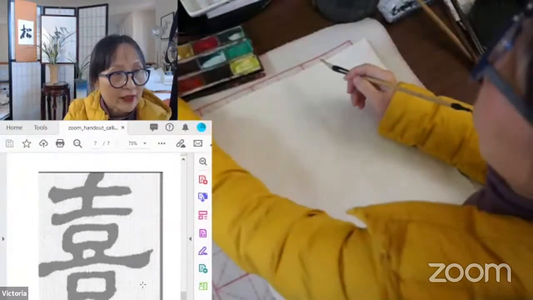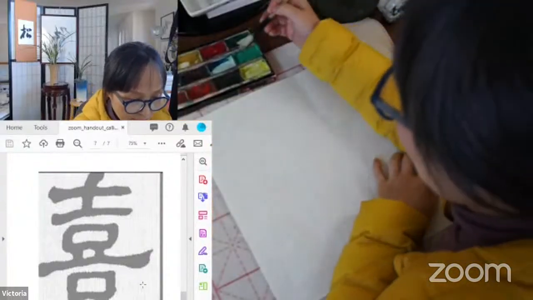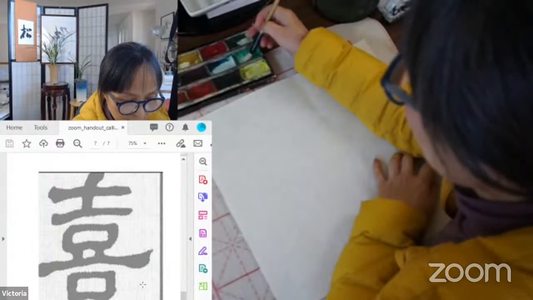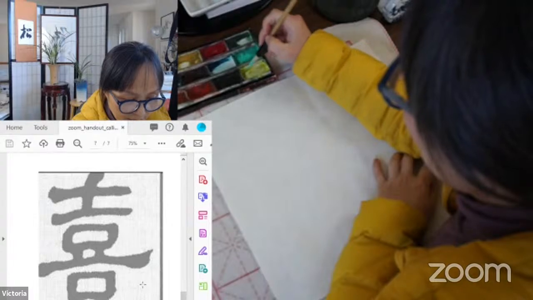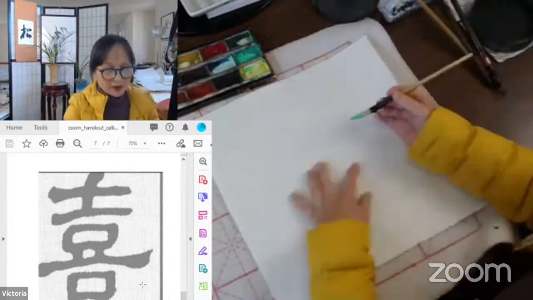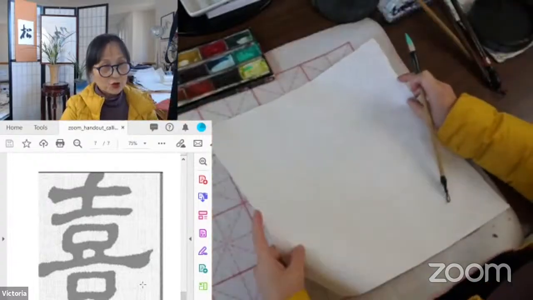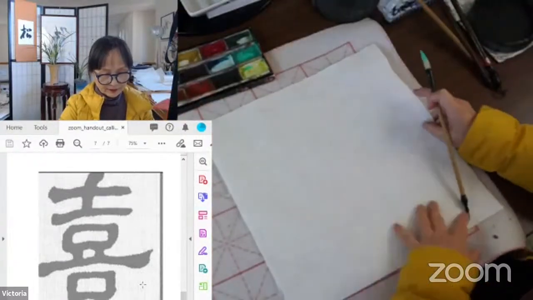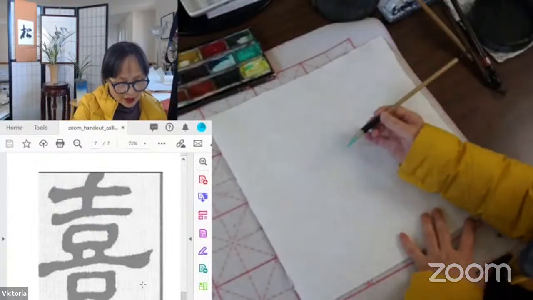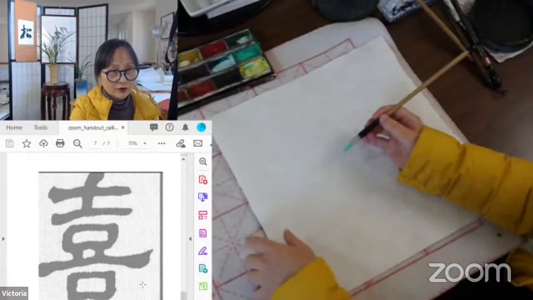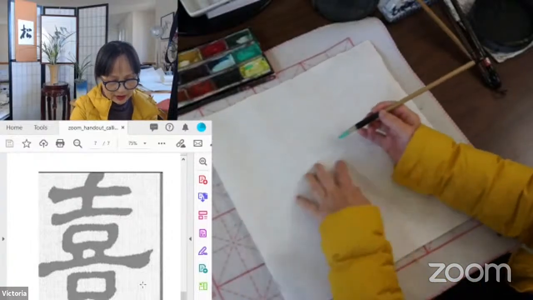The rounded flower, right? I try to use a green yellowish color. I do the flower. Okay, choose the smooth side. I try to save some spots for the flower, and later I will use ink to do the leaves.